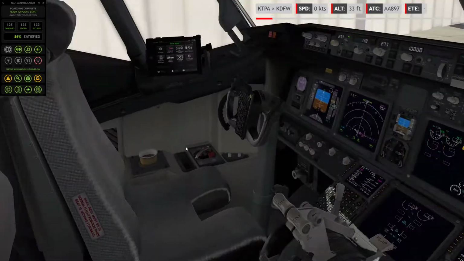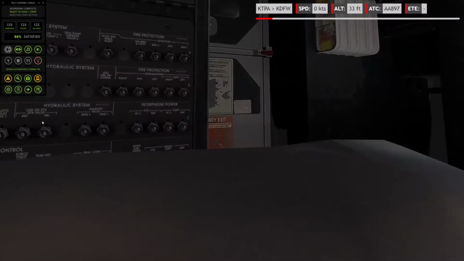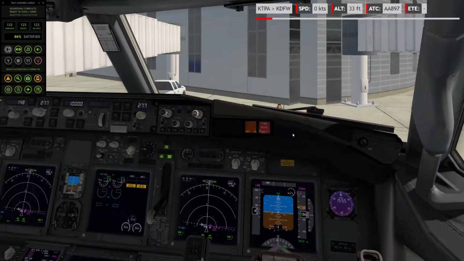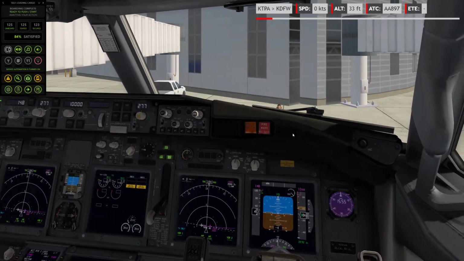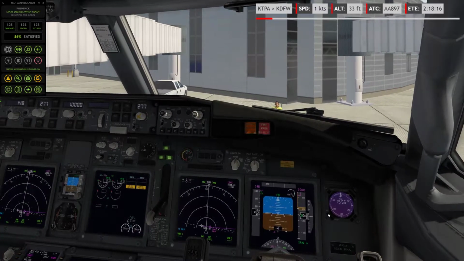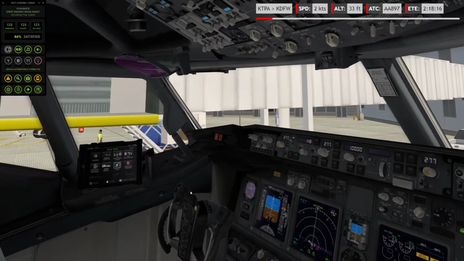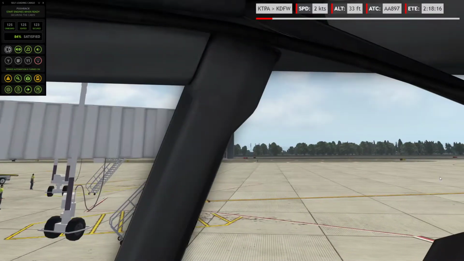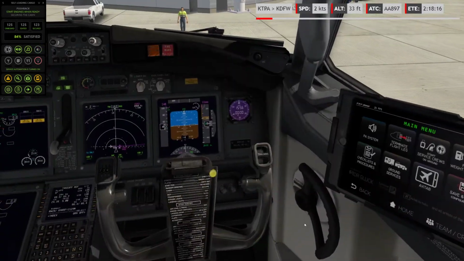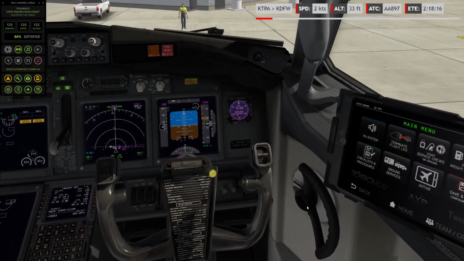Alright, brakes off, and we can start the pushback. That was a bit chaotic.